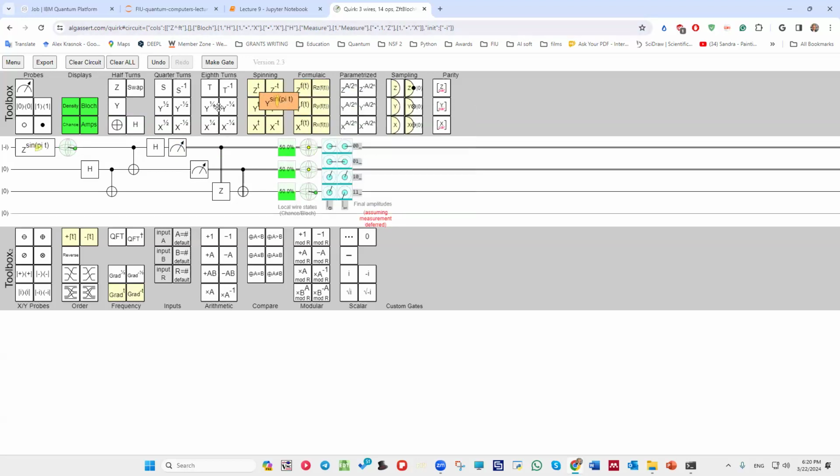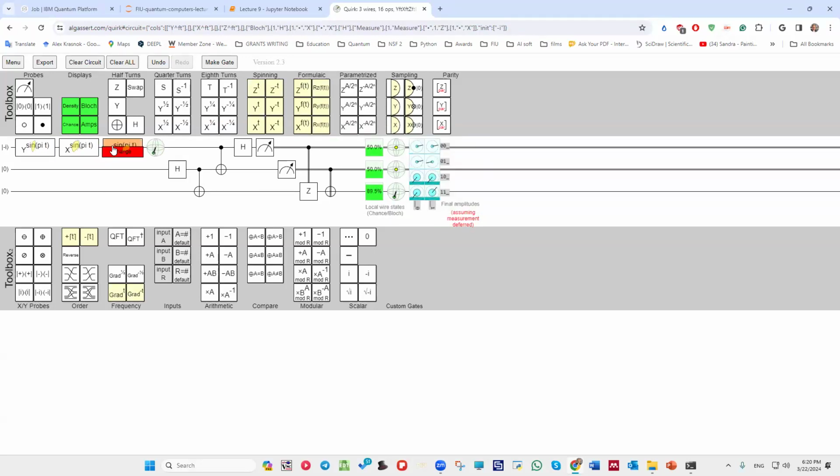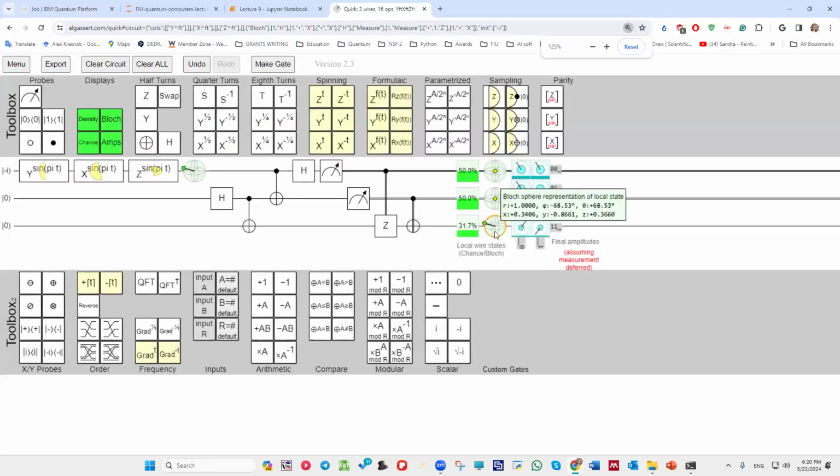I can even add rotation around Y and around X to make this dynamic more complex. You can see now it rotates in all 3 dimensions, and the state of Bob's qubit is exactly the same. So the state is teleported to Bob.